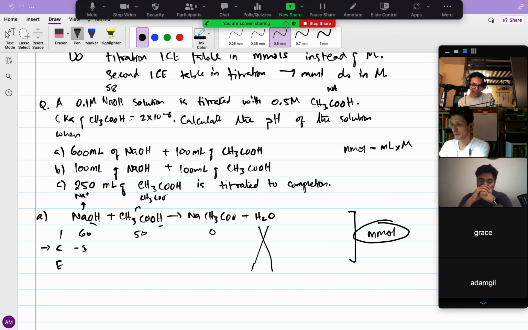So in words, tell me what survives at equilibrium. Yeah, NaOH, you're right. It's the strong base. The strong base and the product survive.